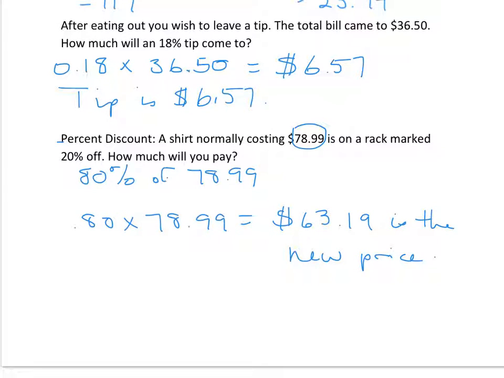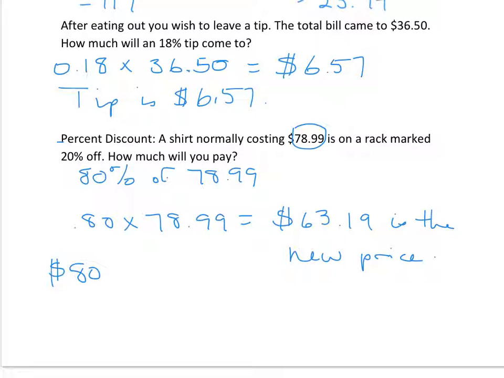Okay, and there are several ways to check your answer, and one would be just using estimation, and often estimation is what we would use in a store anyways to give an estimation of what the shirt would cost. So if we're talking about a 20% discount, the original price is approximately $80.